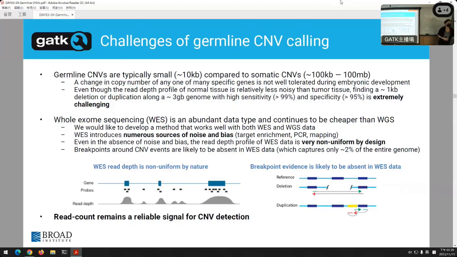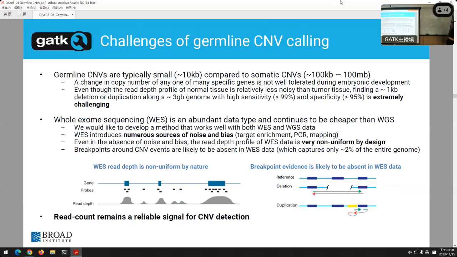They use PCR in library prep, but they also are enriching for the exome, right? So the entire purpose of whole exome sequencing is to capture just the coding regions. So by definition, the coverage is going to be uneven in an exome.